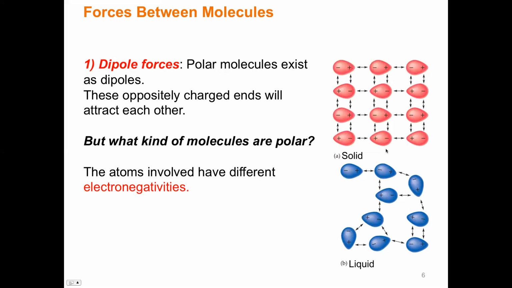And I know this looks very similar to what I said for hydrogen bonding, and it is indeed very similar, all right? But we don't need to have hydrogen here, all right? So a lot of molecules, they have these unequal sharing of electrons, and they will act like dipoles. So when they interact with each other, they're going to have dipole forces, all right? So we have these dipole forces, and these are between polar molecules, okay?